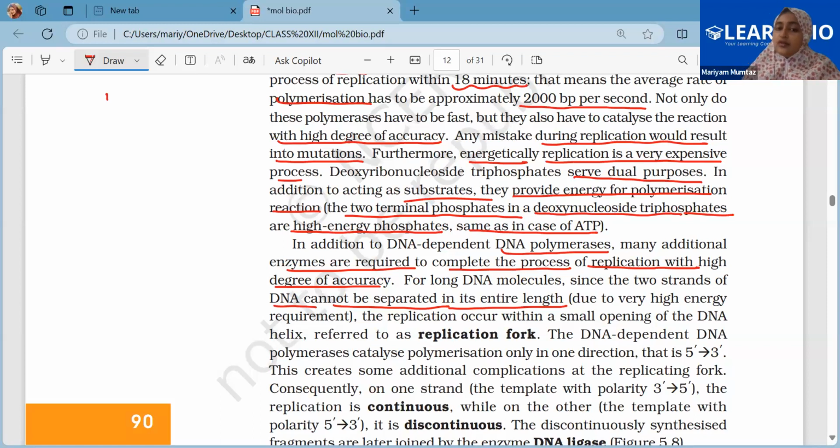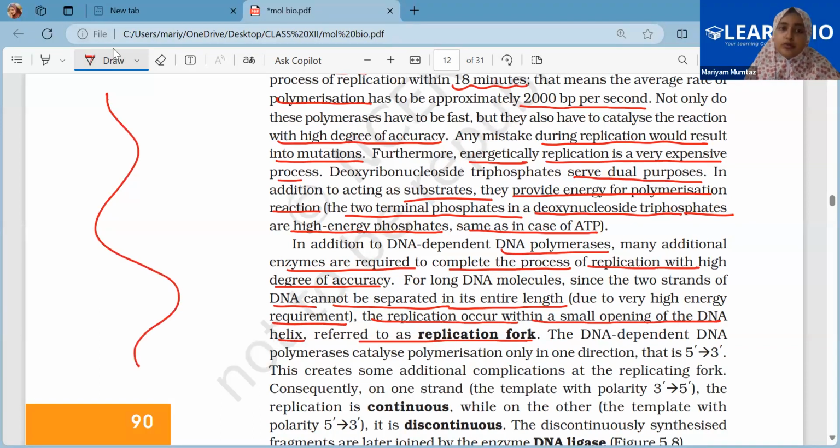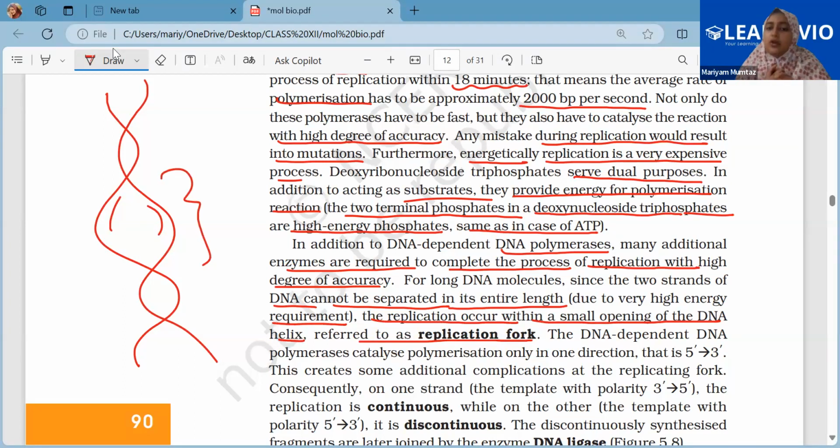So since the two strands of DNA cannot be separated in their entire length due to very high energy requirement, the replication occurs within a small opening of the DNA helix that is known as the replication fork. For example, we know that DNA is 2.2 meters long. Maybe it will open at this point of time. So this area will be called the replication fork, meaning at that area only new DNA is synthesized.